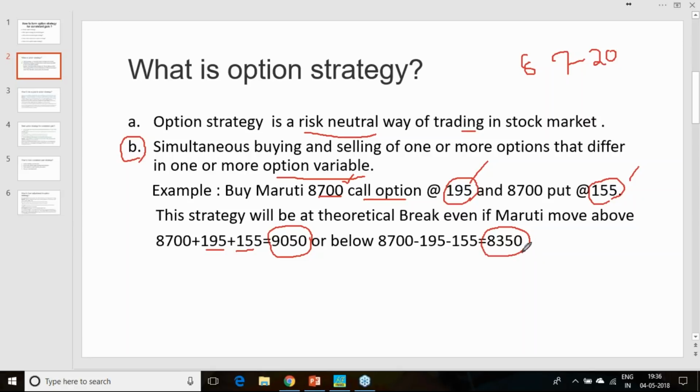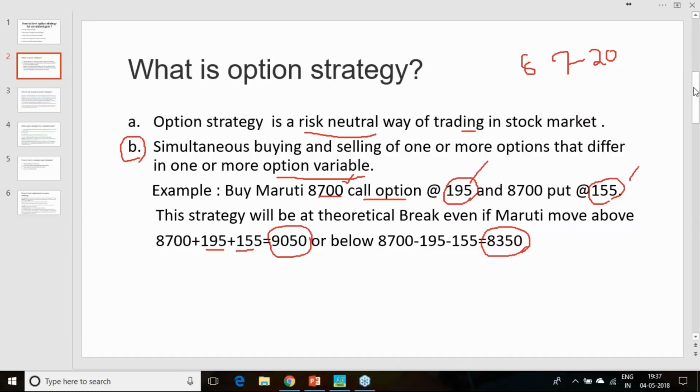Below that, you will be making profit. The point I want to explain here is that by this process you are deriving a risk neutral position. If Maruti goes above 9,050, I will be making profit. If Maruti falls below 8,350, I will be making profit. Between this zone, I am not going to make any profit. So this is what you have.